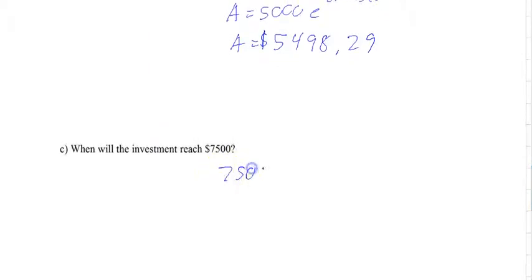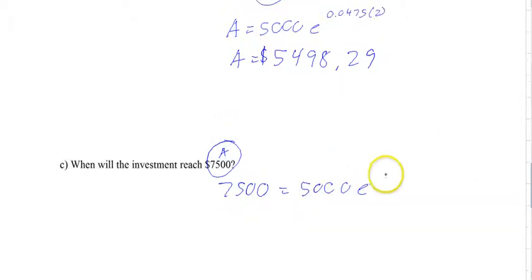Okay, now let's try the reverse. So if we have 7,500, that's our A, how long will it take to reach that? So we're looking for t. And we solve it the same way we did before, which means get rid of the 5,000. So 7,500 divided by 5,000 is 1.5.